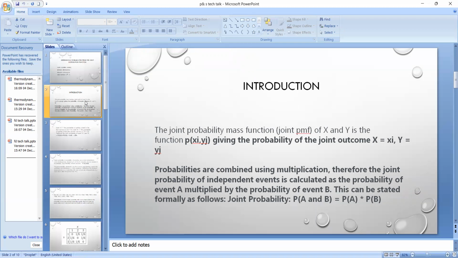Therefore, the joint probability of independent events is calculated as the probability of event A multiplied by the probability of event B. This can be stated formally as follows: joint probability P of A and B equals P of A into P of B.